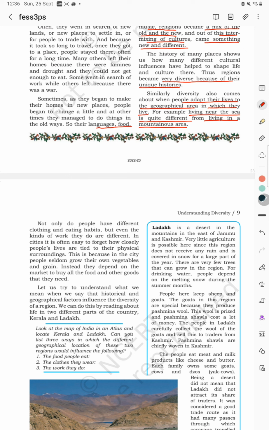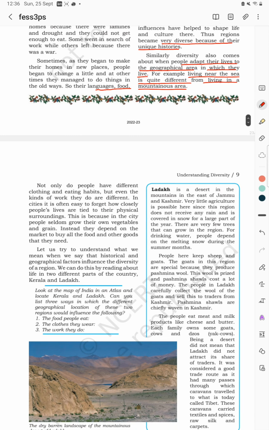So when people from a mountainous area migrate to a place near the sea, they will adapt to the culture prevalent in the area, but at the same time they will not drop their old traditions and culture. They mix their own culture with the culture prevalent in the area where they migrate.